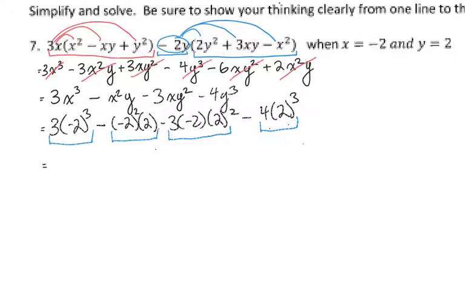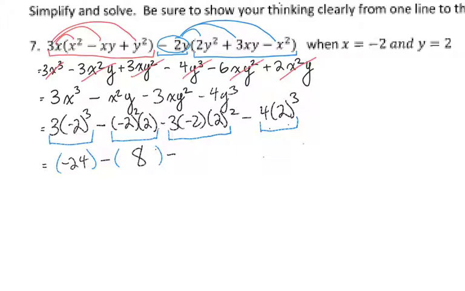So 3 times negative 2 cubed is negative 8 times 3, which gives us negative 24. And notice I'm going to put that in a bracket. I'll put it in blue this time. And then we have a minus. And then inside that bracket, we have negative 2 squared, which is 4 times 2, which gives us 8.